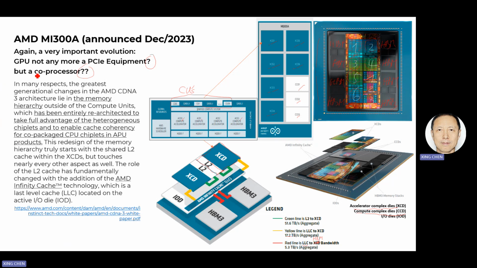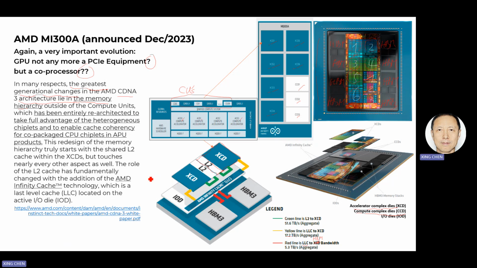Basically, this document is saying the greatest generational change in the AMD CDNA 3 architecture lies in the memory hierarchy, the memory hierarchy outside of the compute units.